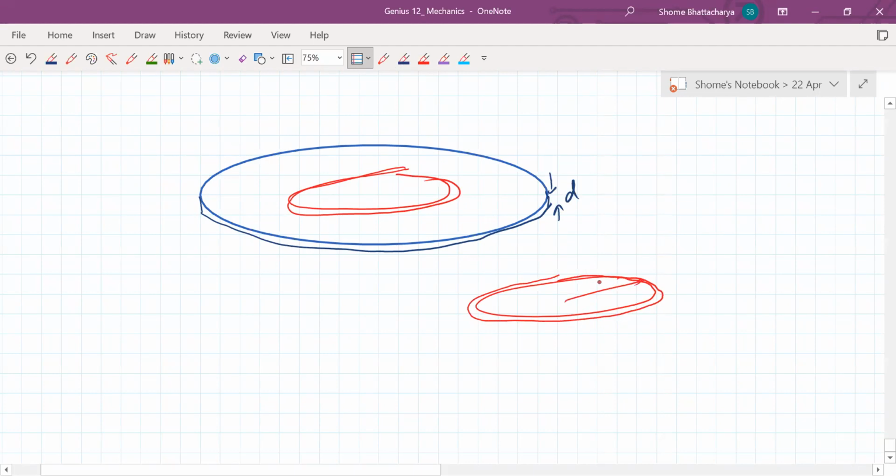One is this, if this is r, then this thickness is dr, and the other is this thickness, the small d. So the total current going through this ring is that I only.